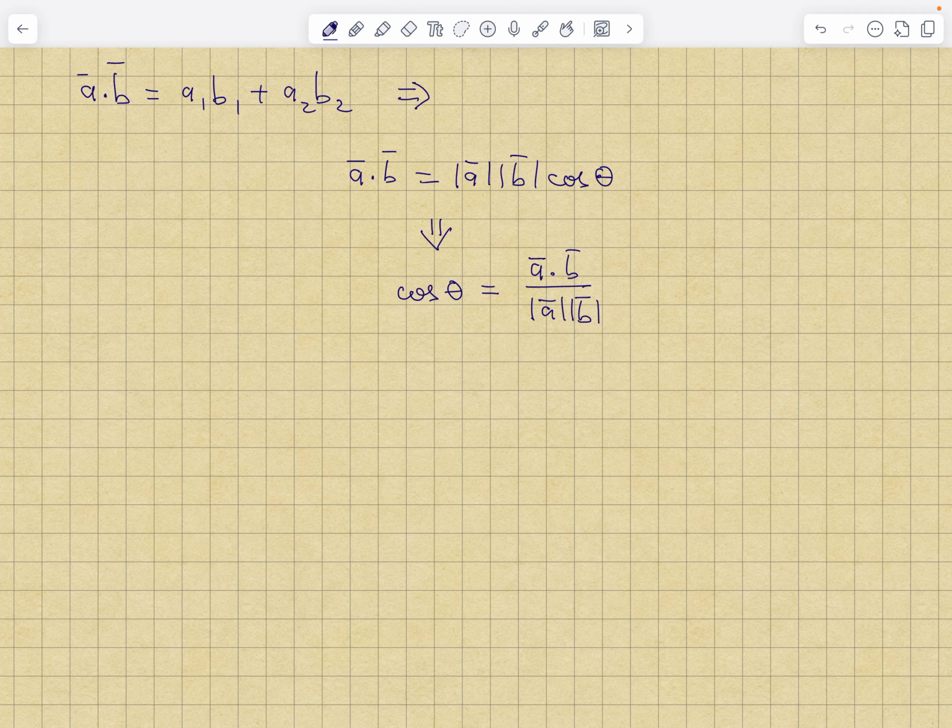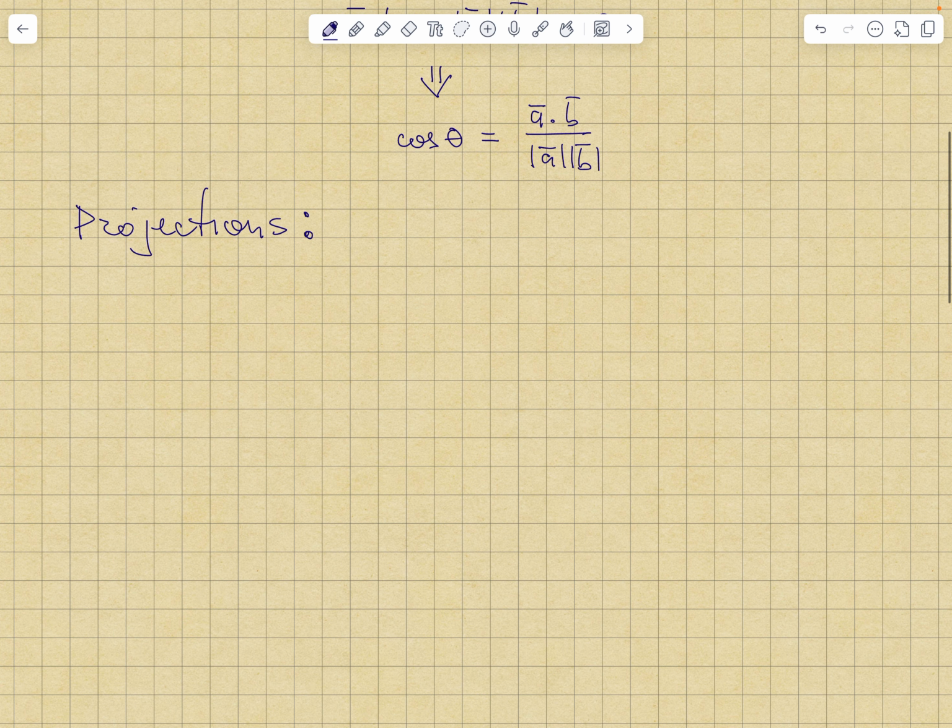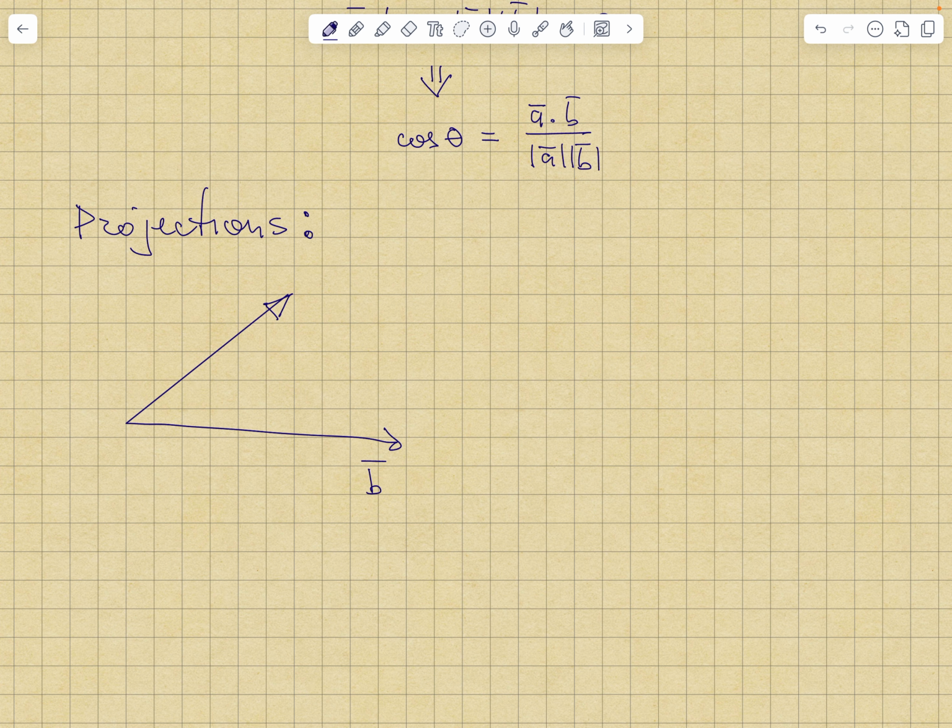So let's talk about something called projections. In this case, let's say that we have two vectors, A and B. And what I want to do is find two things.